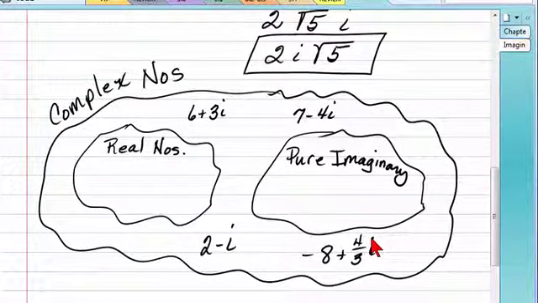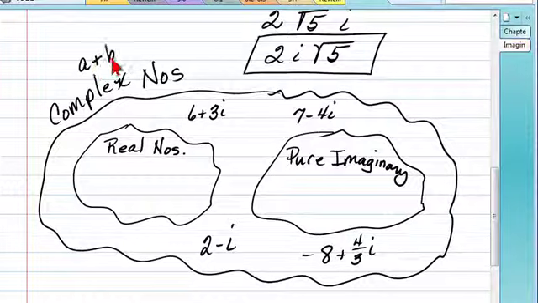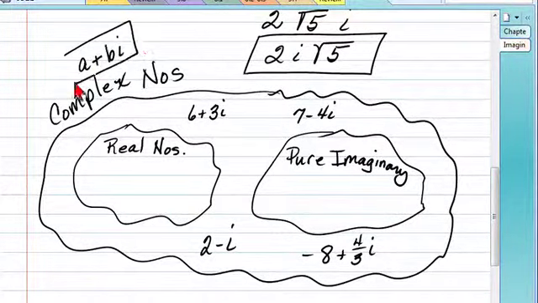Complex numbers always are in the form a plus bi. They always have a real part, I call it a. It can be plus or minus a number times i, which is called the imaginary part. Now, you haven't seen any of those, but you will before we leave today. You'll see them in action.